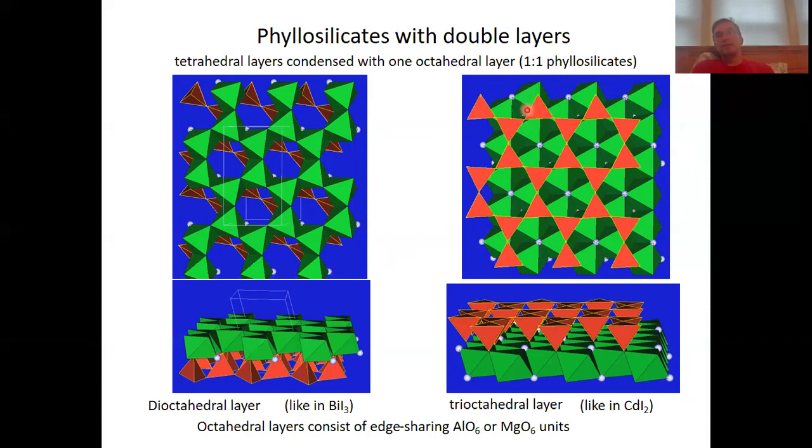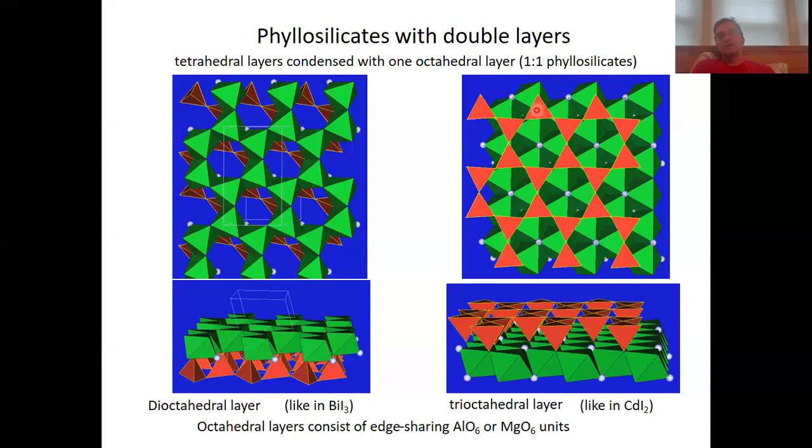And now some of the corners of these octahedra share their oxygen atoms with the terminal oxygens of a tetrahedral layer, whereby this tetrahedral layer again has silicon in the center.